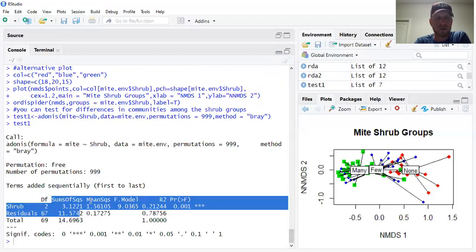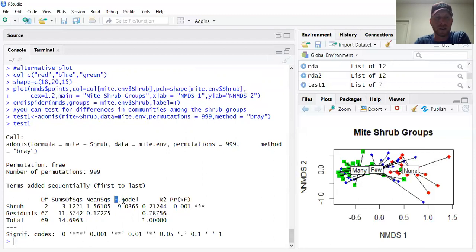So we won't go into sums of squares or mean squares, but the ratio between those gives you an F statistic, or a test statistic. And usually the larger a test statistic, the more likely you're going to have a significant relationship or a significant finding. So actually the p-value over here, this probability that we're going to find an F value that is equal to or greater than 9, the probability of that happening is 0.001.